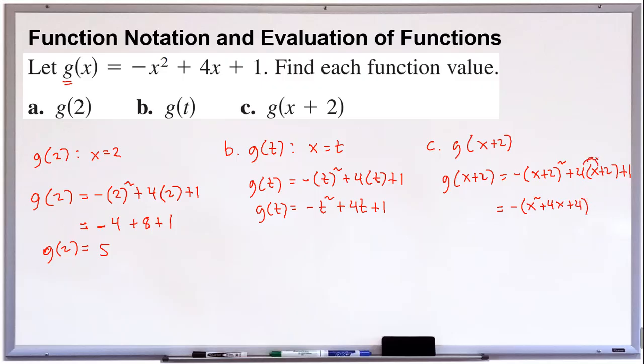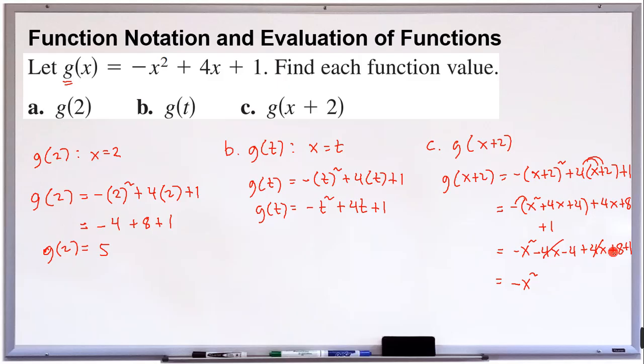Then we're going to distribute this one. So that's plus 4x plus 8, and then plus 1. So distribute the negative sign. So you have negative x squared minus 4x minus 4 plus 4x plus 8 plus 1. So we have negative x squared. We have negative 4x and positive 4x here, so this will become 0.